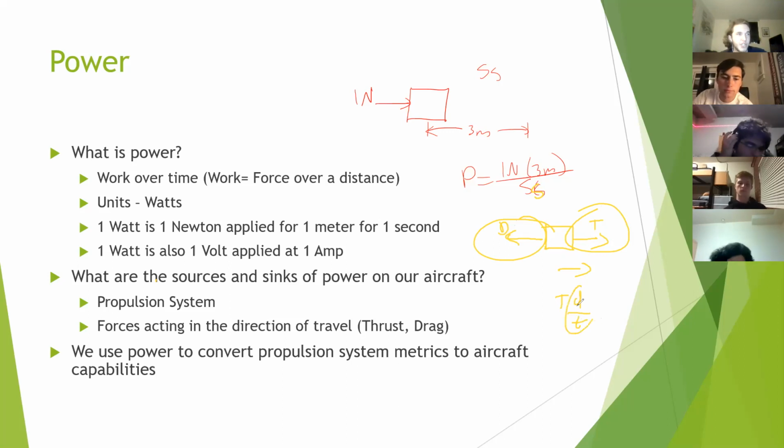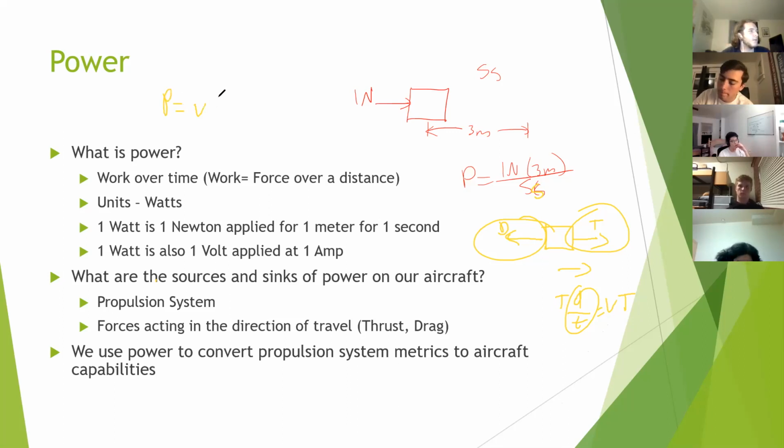And this is just the speed. So the power that your aircraft is both using and exerting to fly at a constant velocity is just your speed times your thrust, which is equal to your speed times your drag at steady level.